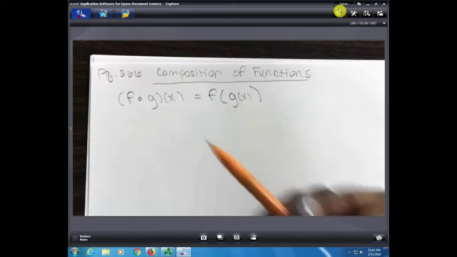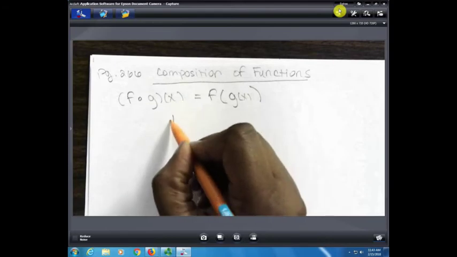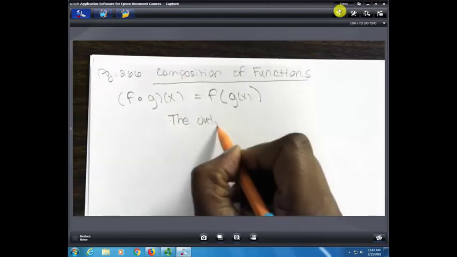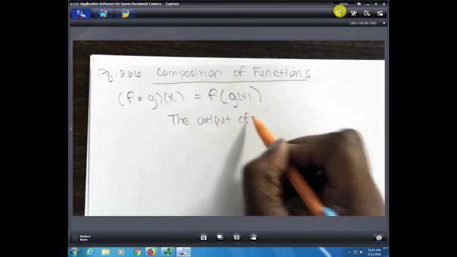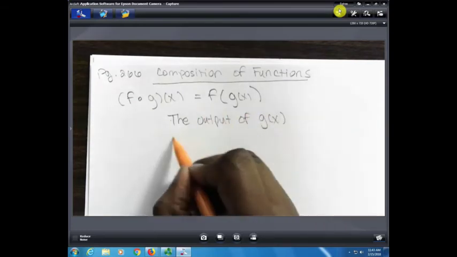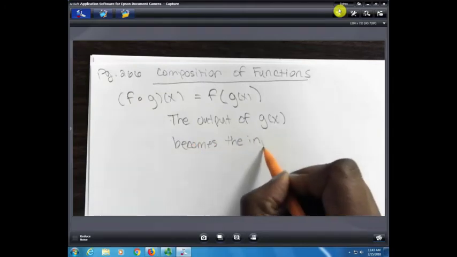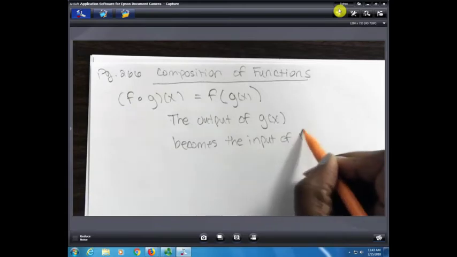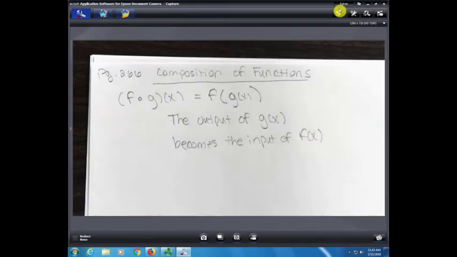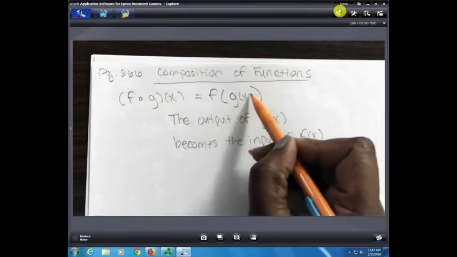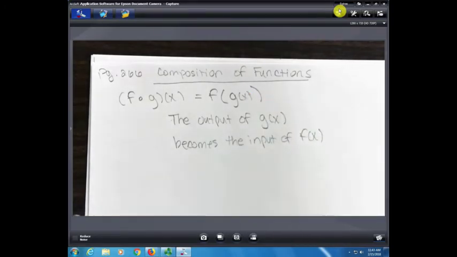So basically, the output of g of x becomes the input of f of x. So it's a function within another function.